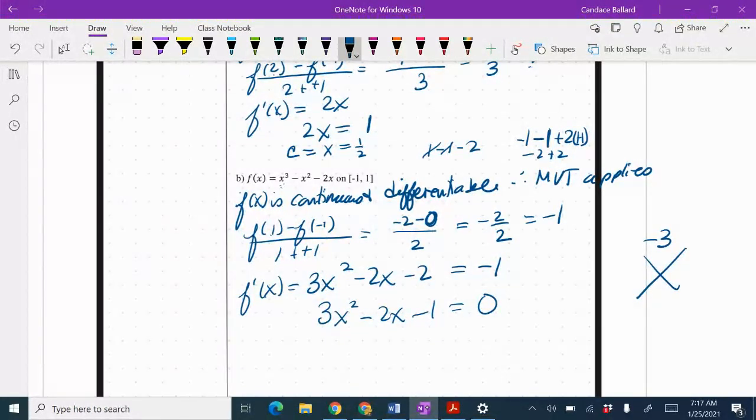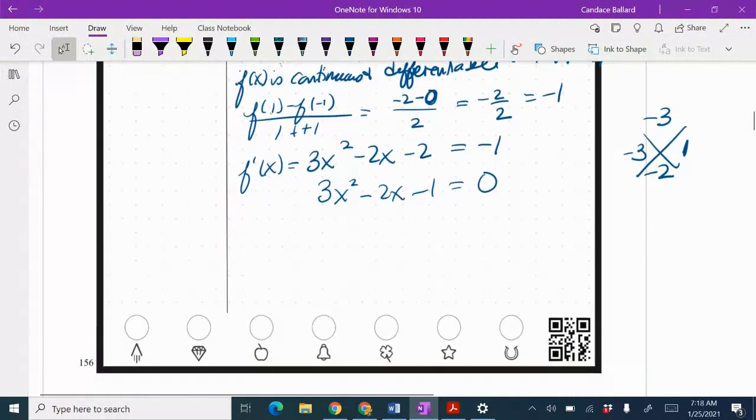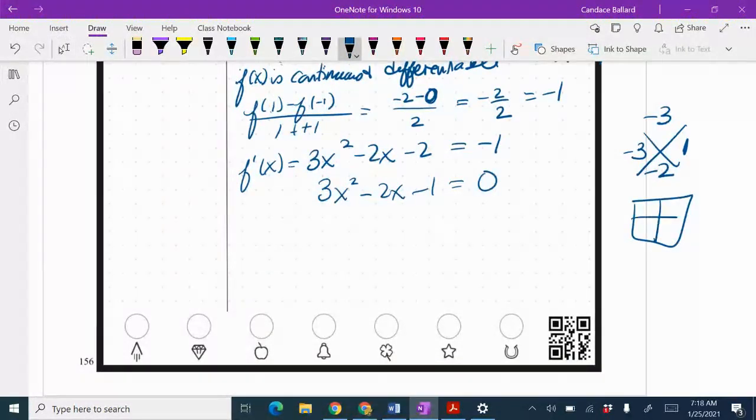Two numbers that multiply to negative 3 and add to negative 2 would be negative 3 and 1. I am going to have to use the box because I have a leading coefficient. So 3x squared and negative 1, and then negative 3x and 1x. I know 3 is 3x times 1x. 3 divides negative 3, negative 1 times. 1 divides 1 once. Check it. 1 times negative 1 is negative 1.